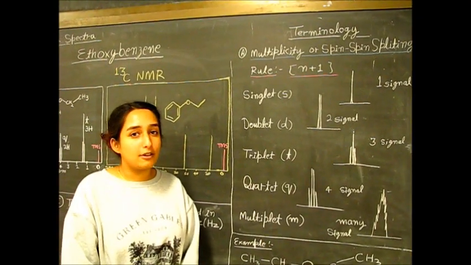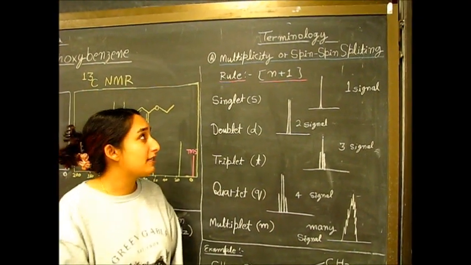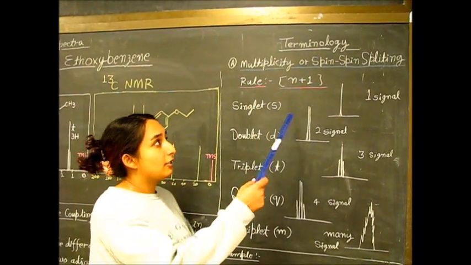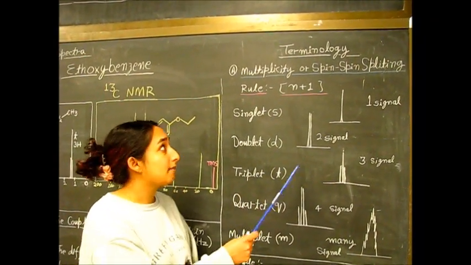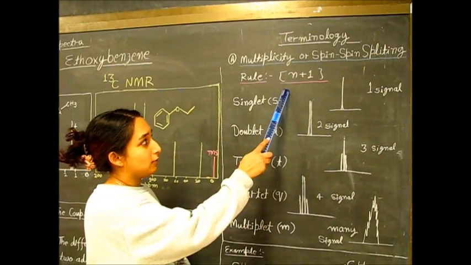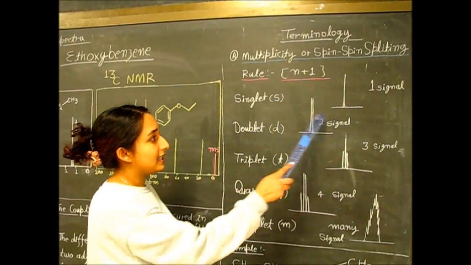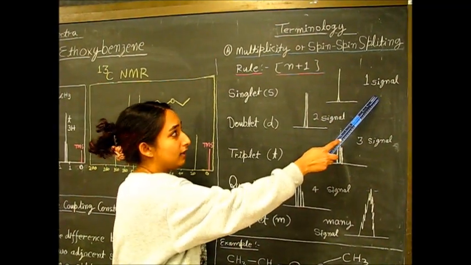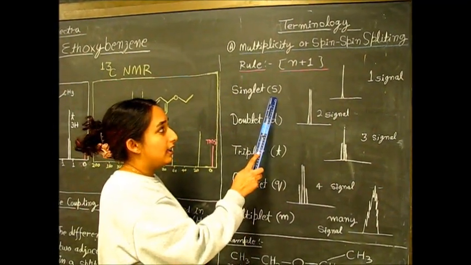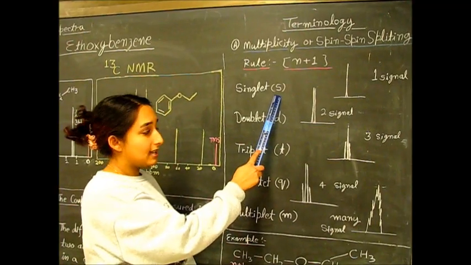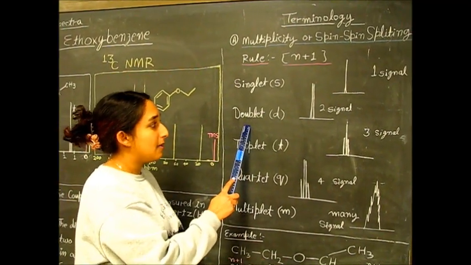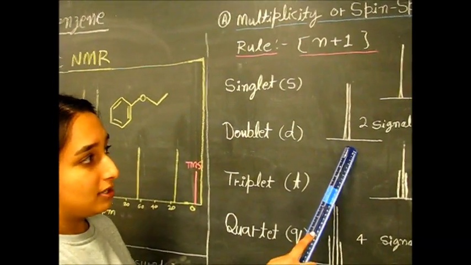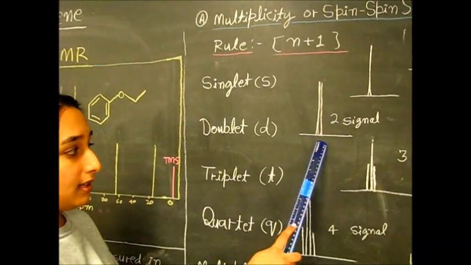We will now be going over relevant terminology for the NMR spectrum. First, we have multiplicity, otherwise known as spin-spin splitting, and this follows the n+1 rule. Here we see a singlet, characterized by a single peak, which stands for one signal, and is represented by a lowercase s. Similarly, we have a doublet, represented by a lowercase d, which represents two signals or two peaks.